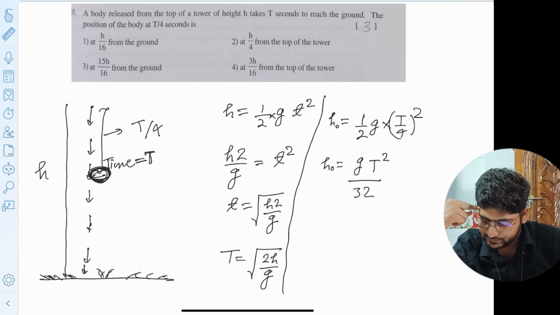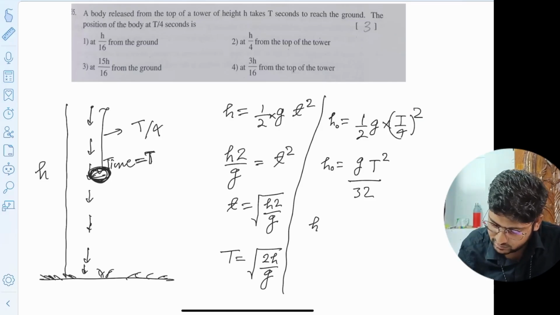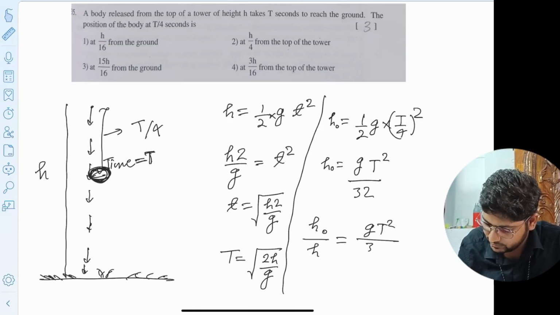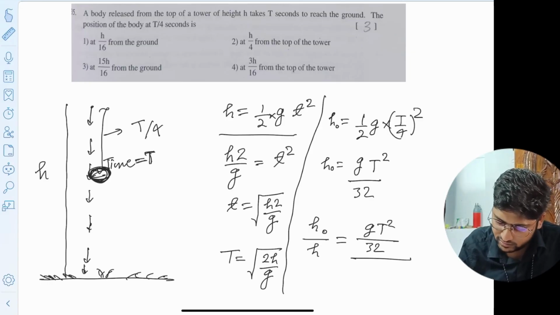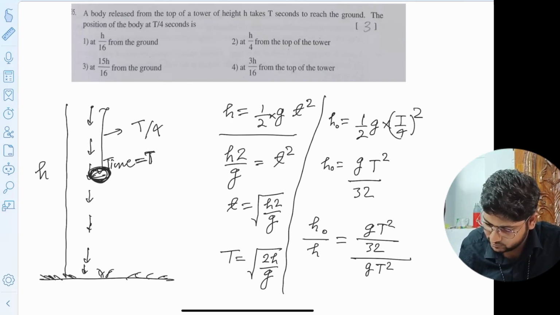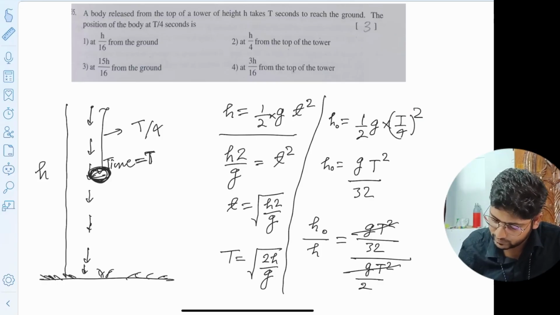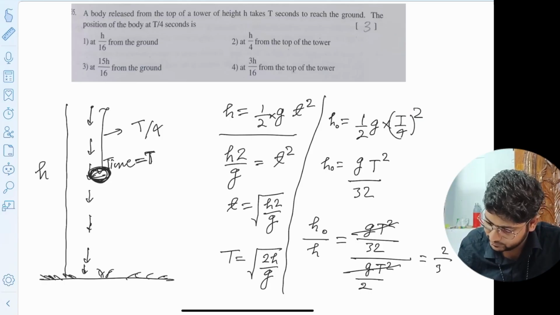If we want to compare this height, h naught by h equals what? h naught is g T square divided by 32, and h is g T square by 2. g T square cancels, so it becomes 2 by 32 equals 1 by 16.